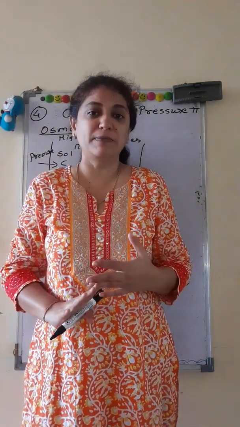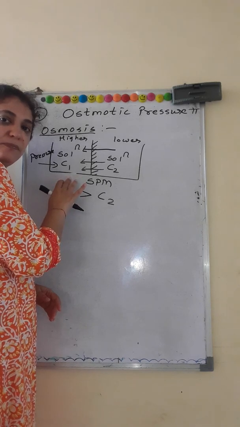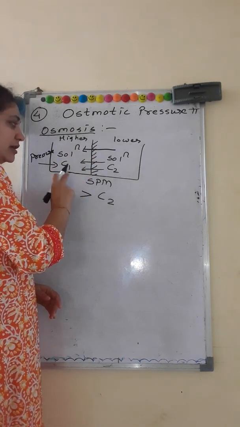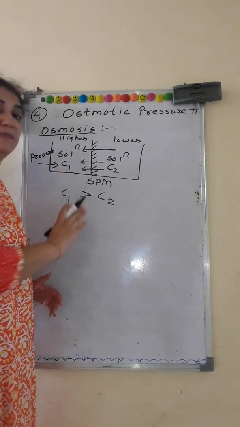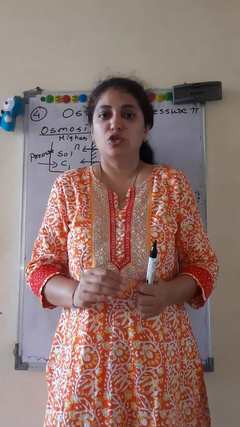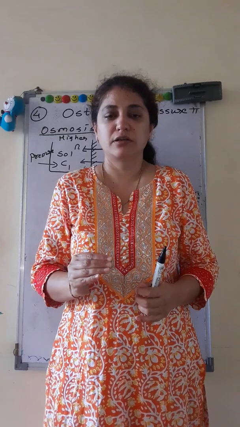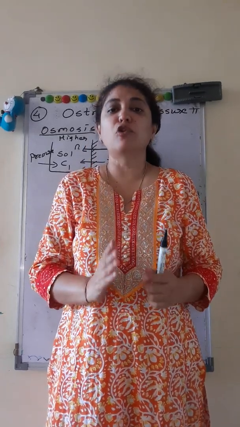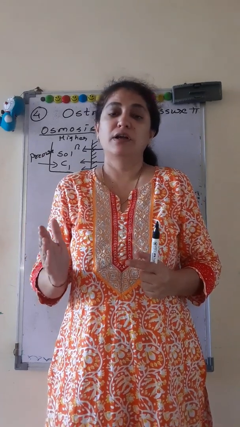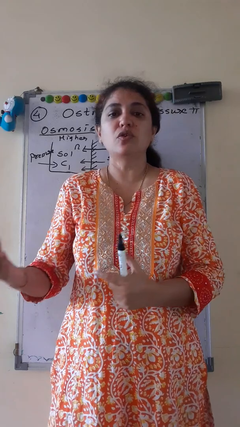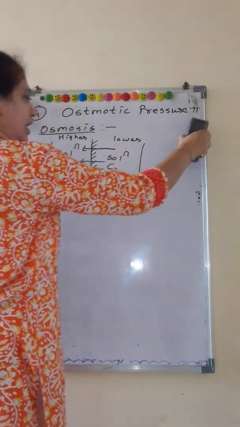So if you want to stop the process of osmosis, you have to apply pressure on the higher concentration part of the system, so that the flow of solvent stops through the semi-permeable membrane. So osmotic pressure is defined as the pressure required to stop the flow of solvent molecules through a semi-permeable membrane from the lower concentration compartment to the higher concentration compartment, and it is denoted with the letter pi.